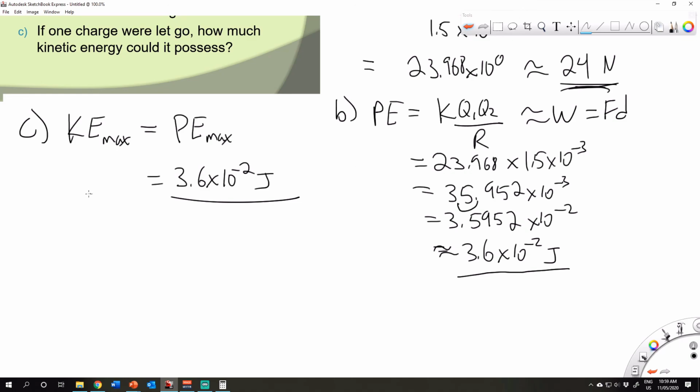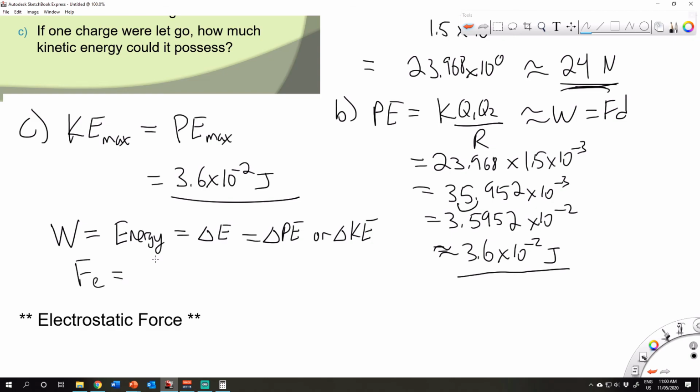Okay. So to recap things, work is really nothing more than energy. And you can also think of work as a change in energy, and that change in energy can either be a change in potential energy or a change in kinetic energy. And then we just gave you more tools now to calculate electrostatic energy.